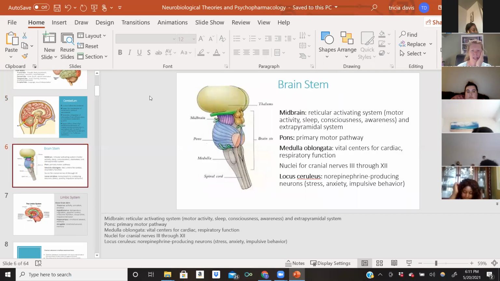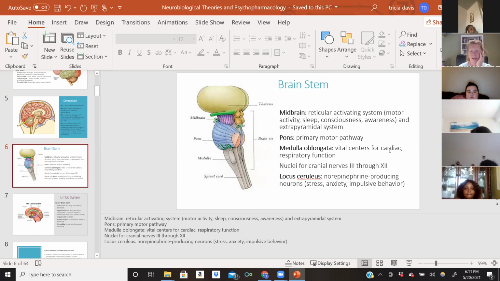So this is our brain stem. So we have the midbrain. This is where the reticular activating system is, which controls our motor activity, our sleep, our consciousness, and things that we're aware of. And it also is home to the extrapyramidal system. We have our pons, which is the primary motor pathway, the medulla oblongata.